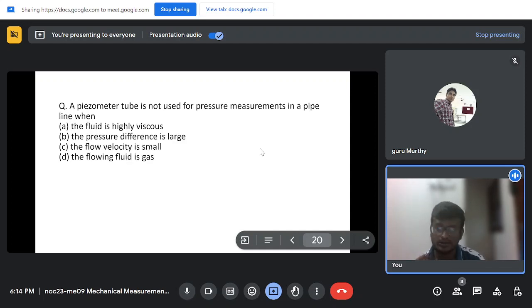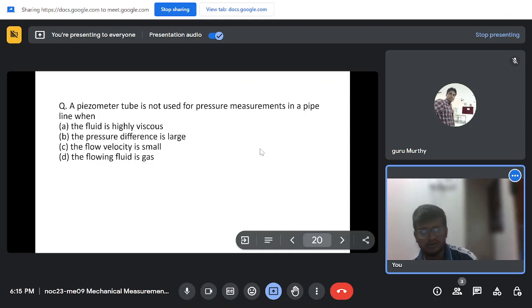So next question is, a piezometer tube is not used for pressure measurements in a pipeline when: A, the fluid is highly viscous, B, the pressure difference is large, C, the flow velocity is small, and D, the flowing fluid is gas.